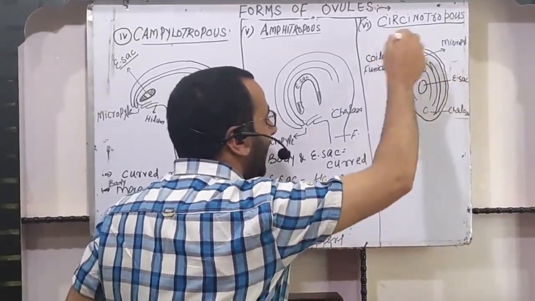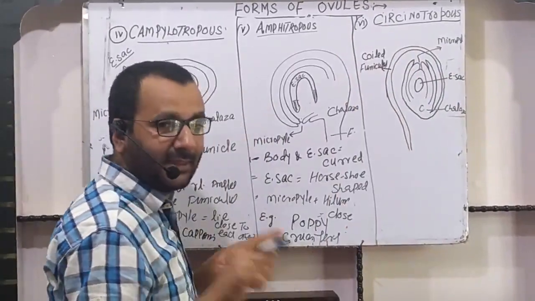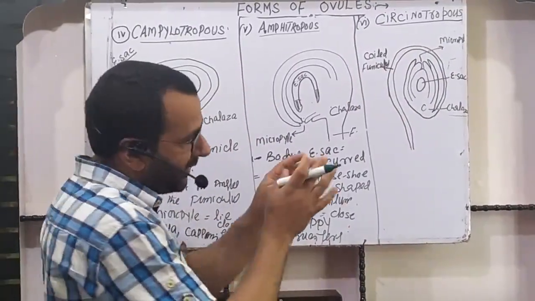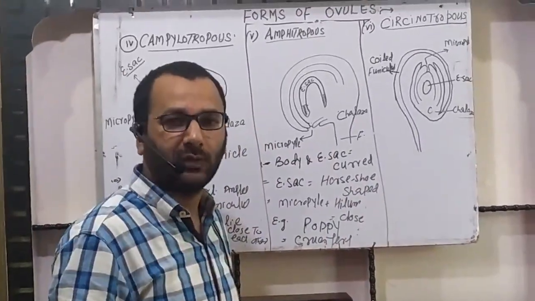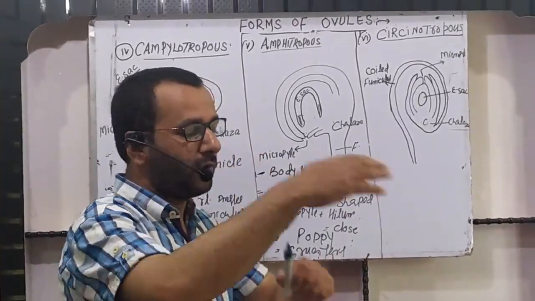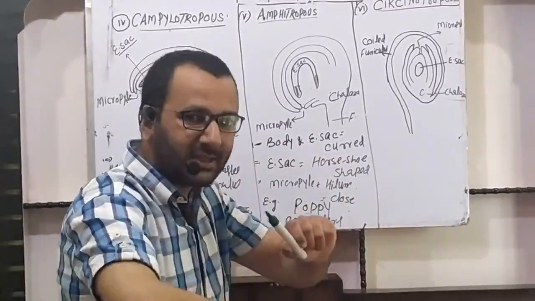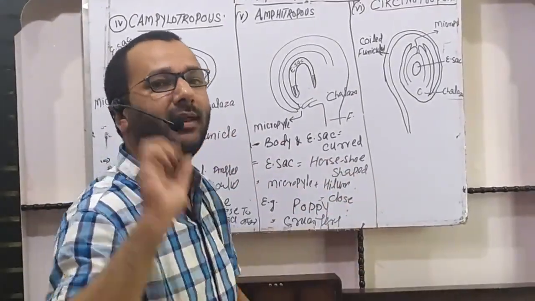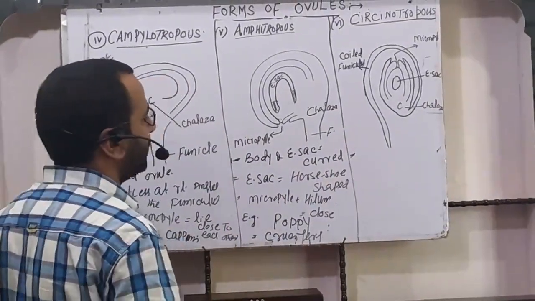It is externally covered by the funiculus. In this type of ovule, funiculus is very large, and this large funiculus covers the ovule fully. It externally covers it. It coils itself around the body of an ovule. So this type of ovule is called as cercinotropous.